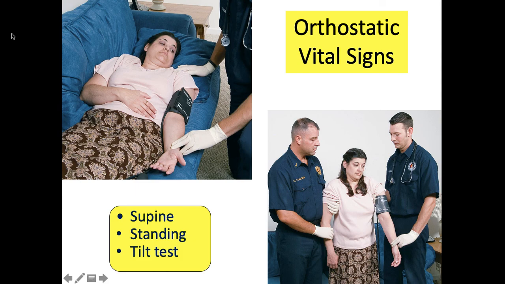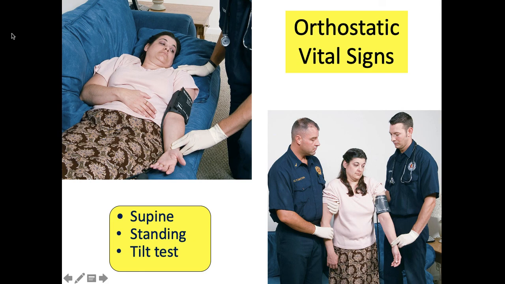Also, their pulse, if it rises more than 10 points, that's also a positive orthostatic finding. So she's 120 over 80, she's 70 as she's lying down, and as she sits up, her blood pressure drops to 100 by palpation, and her heart rate jumps up to 100. That's telling me that she's low on blood. She's having problems compensating for that position change.